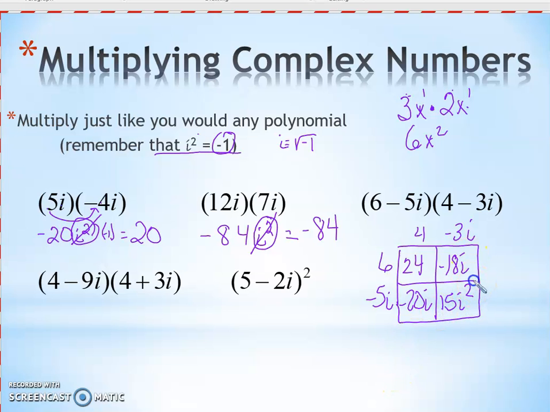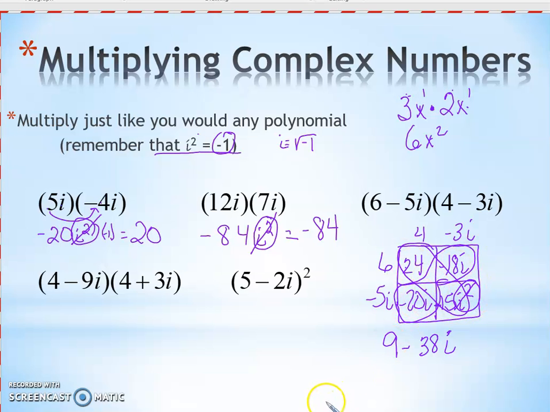Okay, now this i squared is going to go away, and it's going to make that 15 the opposite sign. So now the 15 is a negative, and we have 24 minus 15, which is 9. And then here we have i terms, and negative 20 and negative 18 is negative 38i. So we're able to combine both of these portions of the box.